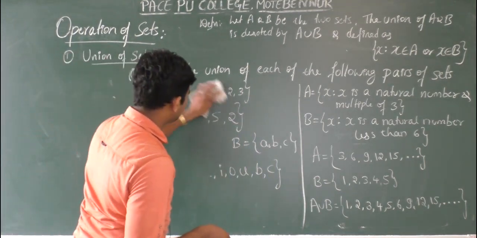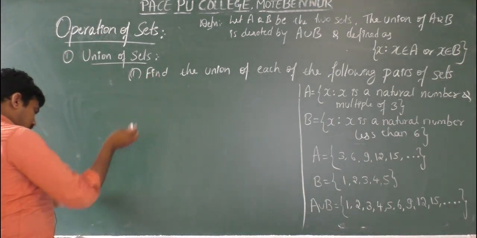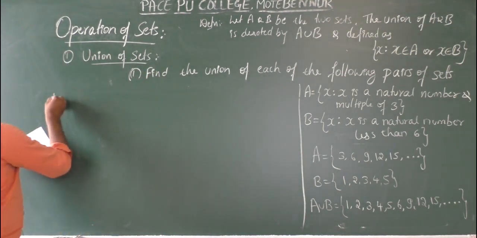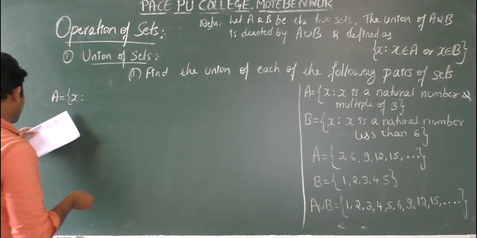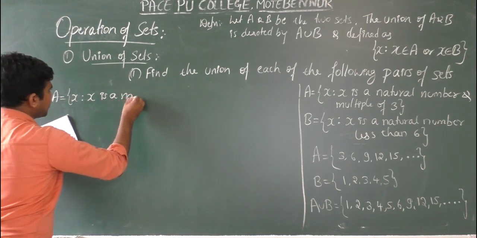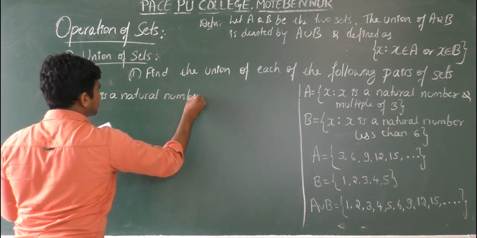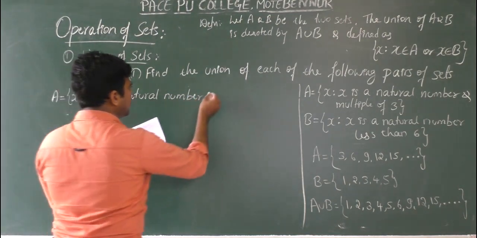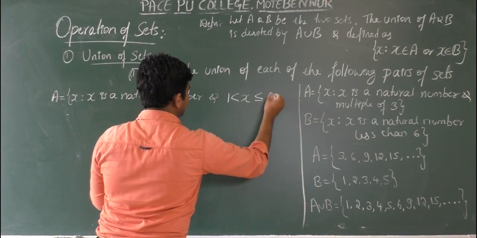Fourth question, see. A is equal to the set of all X such that X is a natural number and 1 less than X less than or equal to 6.